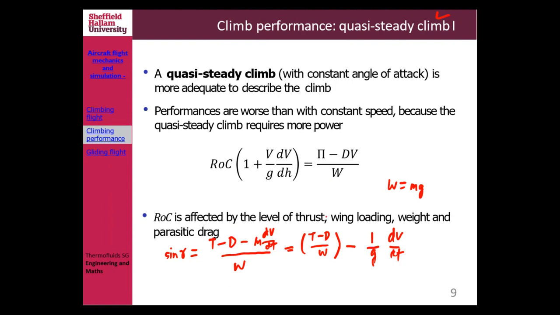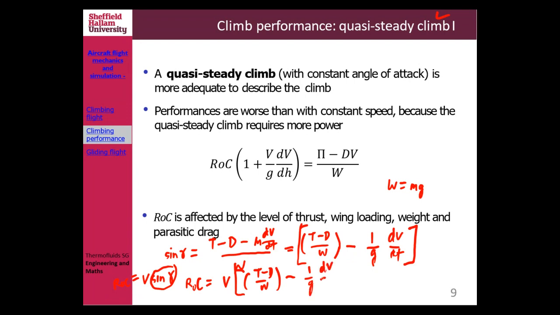So we know that rate of climb equals V sine gamma. Then if I take this sine gamma and substitute it there, you have rate of climb equals V multiplied by whatever you have in there, which is (T minus D) divided by W minus 1 over g dV/dt, right?